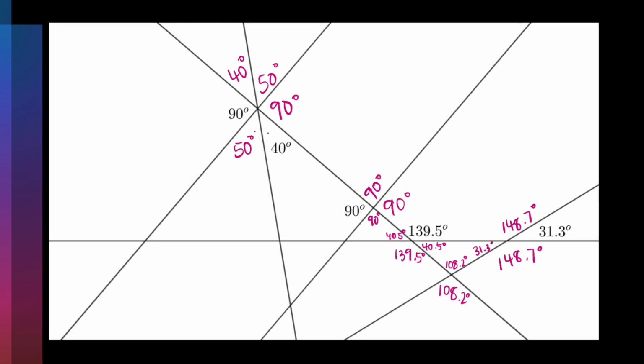And then I can do 180 minus 108.2, and that gives me 71.8 degrees. And that fills out both sides of that. So that takes care of that bunch there.